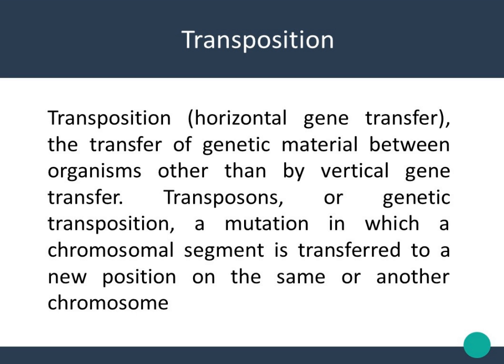Transposition is horizontal gene transfer, that is, the transfer of genetic material between organisms other than by vertical gene transfer. Transposons or genetic transposition: a mutation in which a chromosomal segment is transferred to a new position on the same or another chromosome.